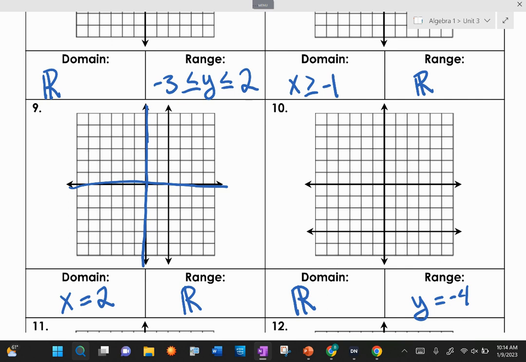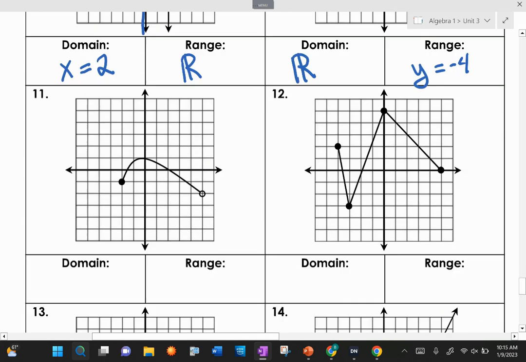So if I say on number 10, what is the range? The most common answer that I heard was 4. But 4 is not actually even close to the answer. Start being really intentional about the words that you use in here. I promise it will help you retain information. So if I say what is the range on number 10, your answer should be y equals -4. Okay? Thank you. Number 11.